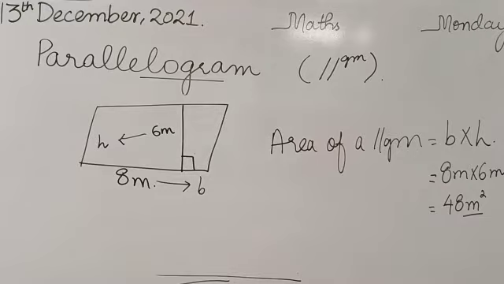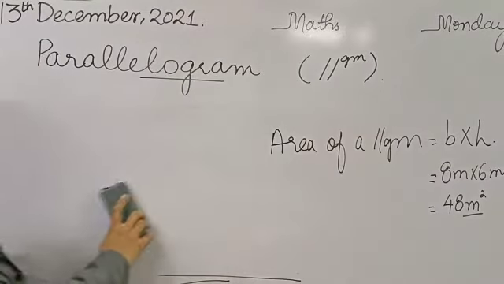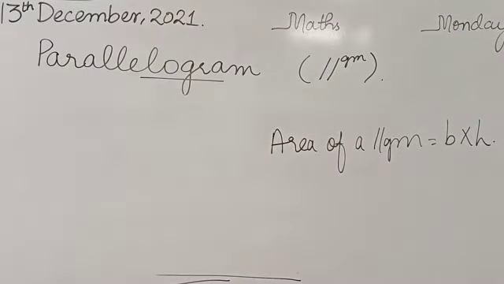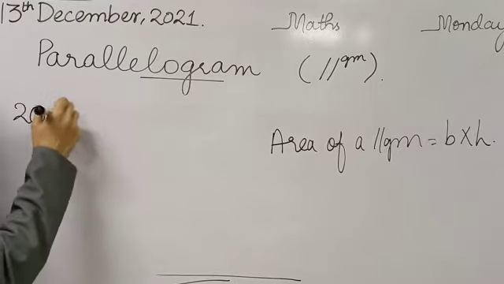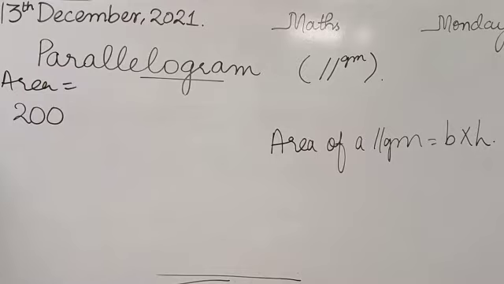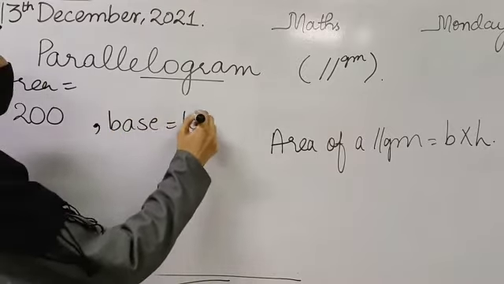Is it okay? Okay, students, tell me one thing. If we know the area of a parallelogram but the side is missing, then what will we do? For example, area is 200. This is the area of a parallelogram and base is 10 meter.